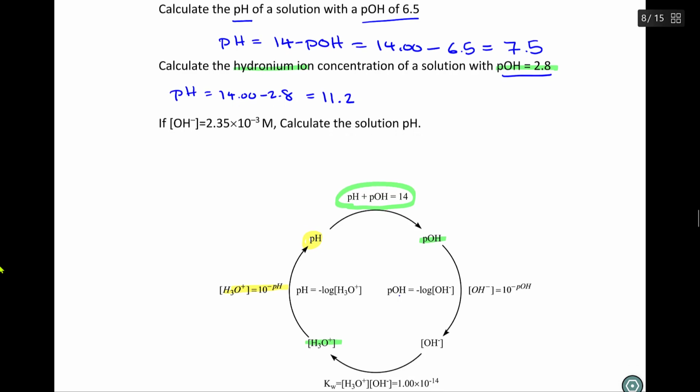And then to calculate the hydronium ion concentration, the concentration of H3O+, that's going to be 10 raised to the negative power of, and then I plug in my number, 11.2.